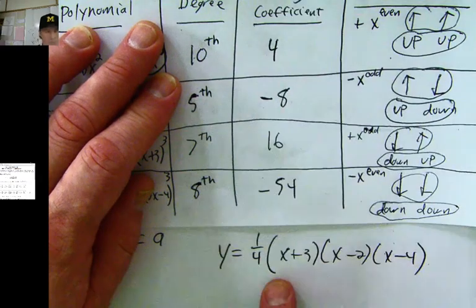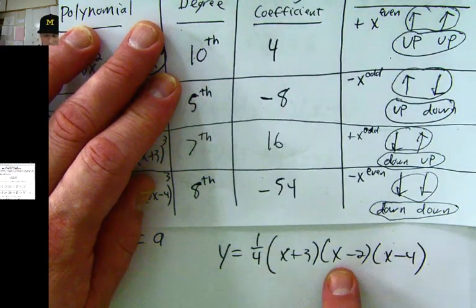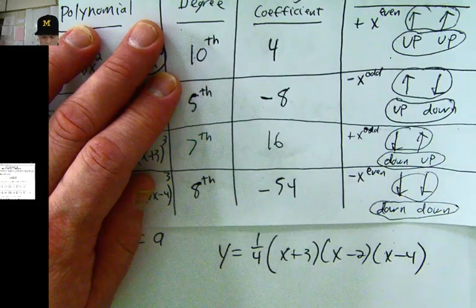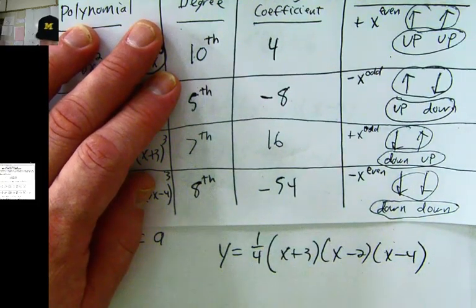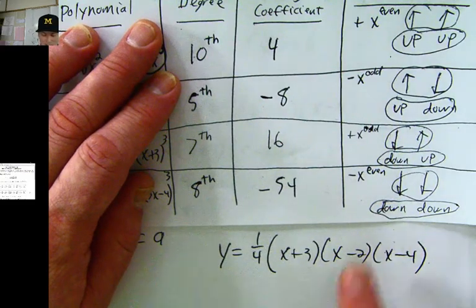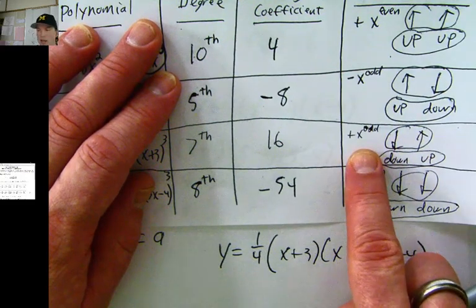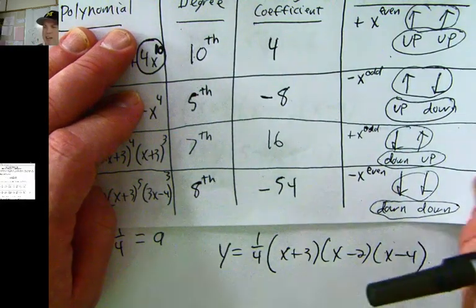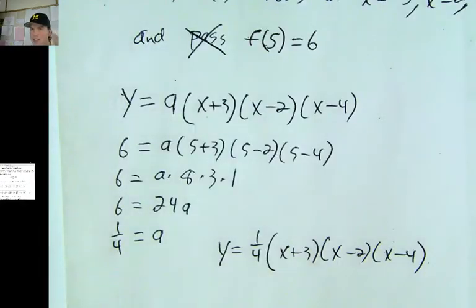The leading coefficient, x times x times x times 1/4 is 1/4, so the leading coefficient would be positive 1/4, which ultimately means the end behavior would be positive x to the odd, so it ended up having end behavior like this one. So that's information we're going to use in a couple days in order to get these equations graphed.